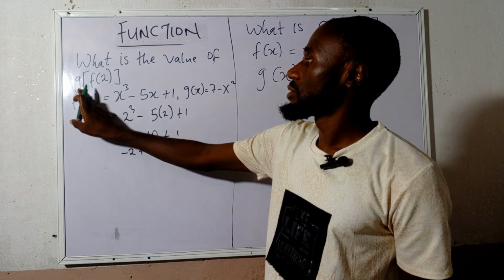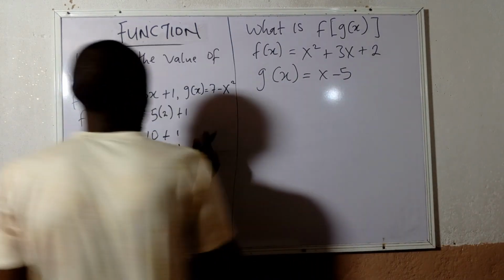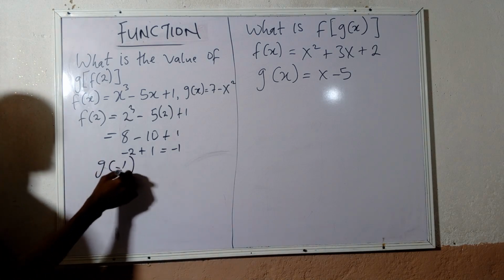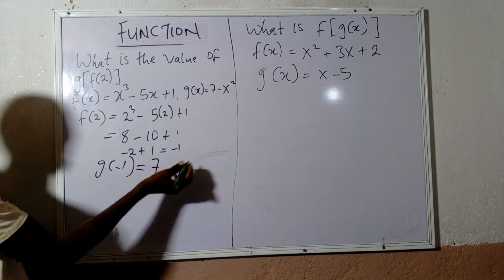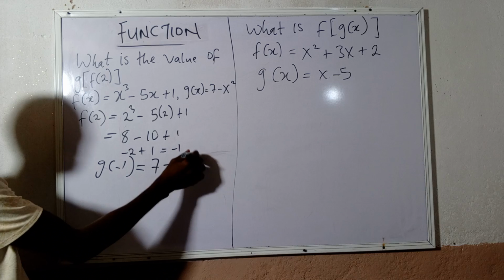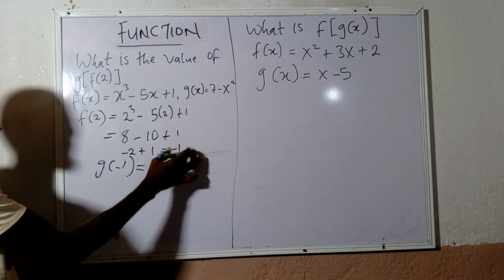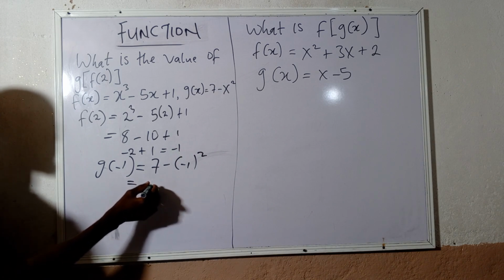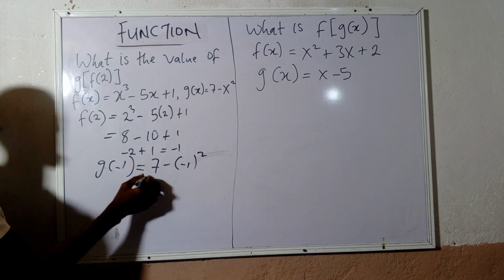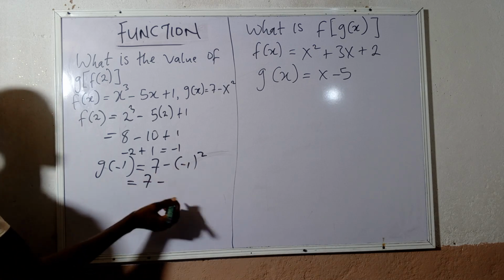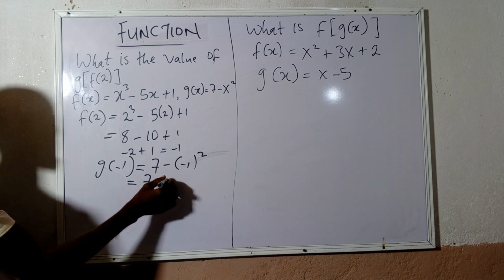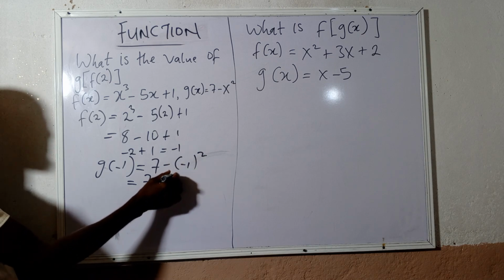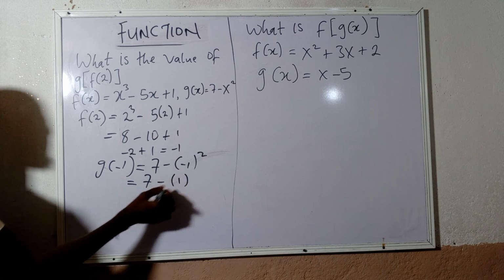And since we are looking for g of f of 2, we are going to substitute minus 1 in the g. g of minus 1 is equal to 7 minus minus 1 squared. Therefore, this is equal to 7 minus, minus 1 raised to the power 2 is equal to 1.